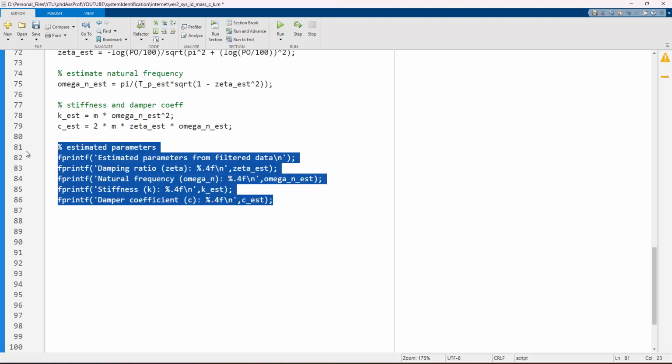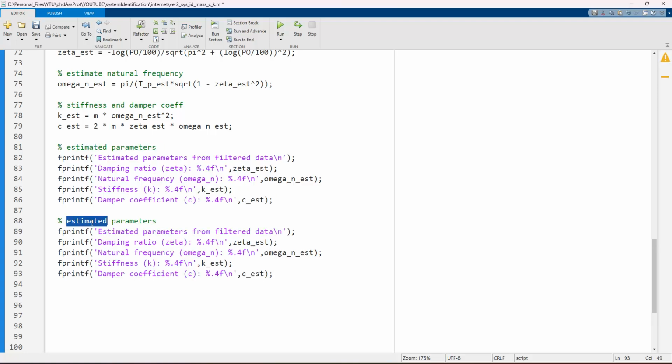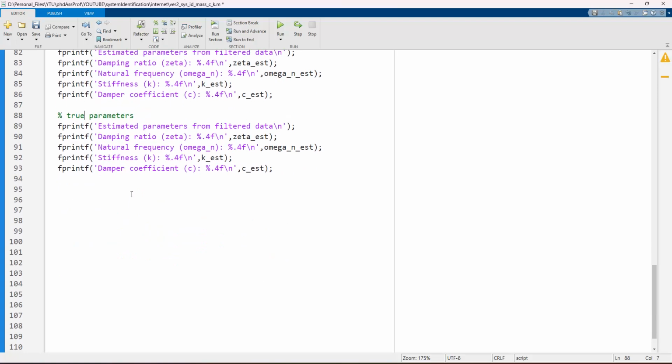And also we need to write the true parameters here for the estimation process. So true parameters, not from filtered data. We have all of it right now. And so this is zeta true, this is omega n true, this is K true, and this is C true.